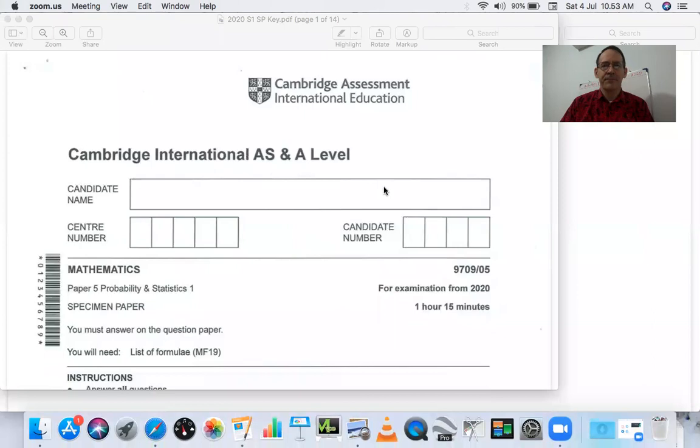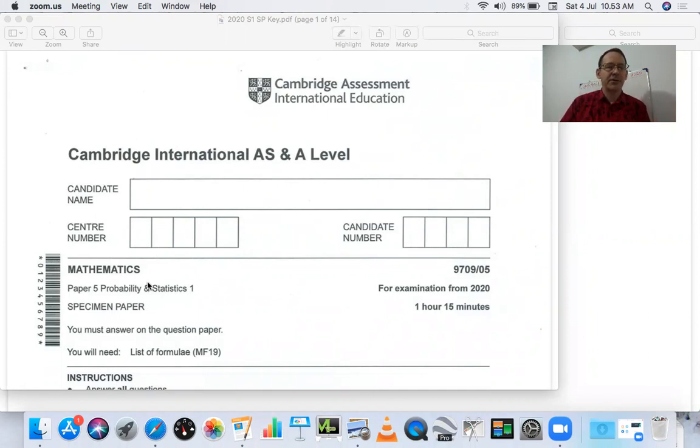Again, for the sake of time, we're not going to do all the questions on the board. Rather, I've already done them on the paper and scanned it so we can follow along together and go through an entire exam paper so that you can see all the different question types put together at one time.